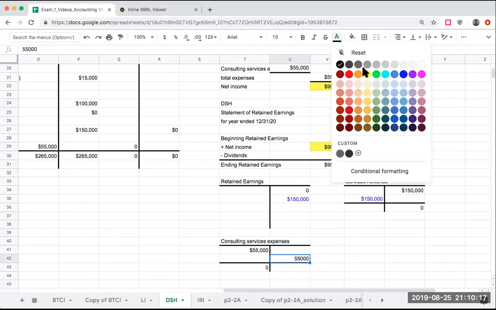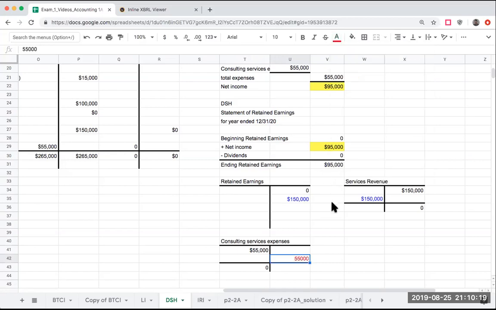And for every credit, I need a debit. If I'm crediting consulting services expense for $55,000, what account do I want to debit? Retained earnings, absolutely correct. So I'm going to debit retained earnings right here.